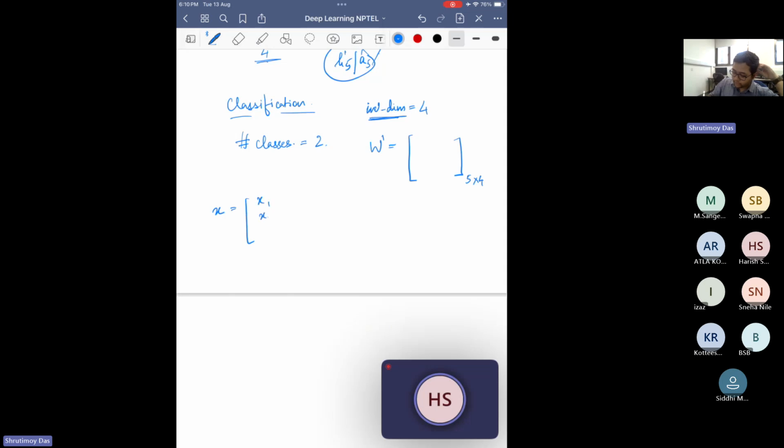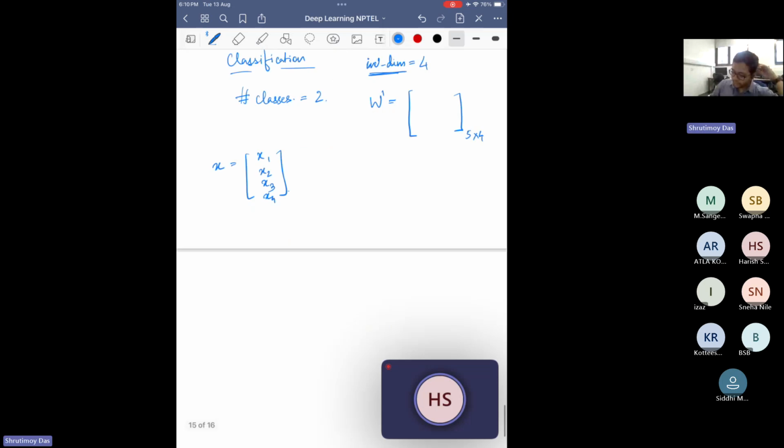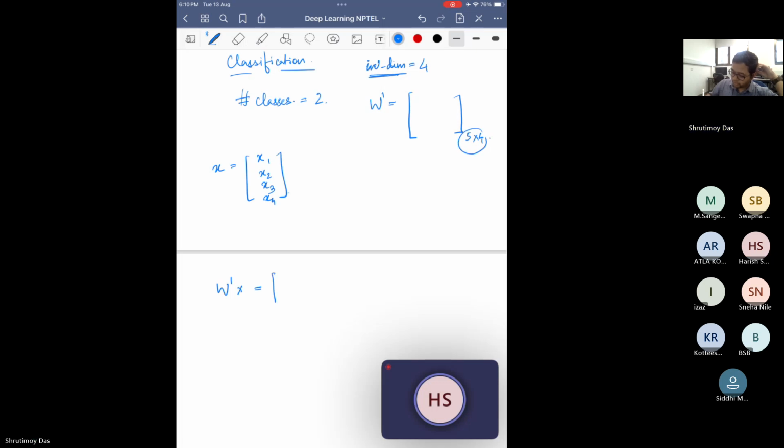Once we have this, suppose I am writing X as the collection of X1, X2, X3 and X4, and now I apply W1 on this, W1 of X, where W1 is 5 by 4.